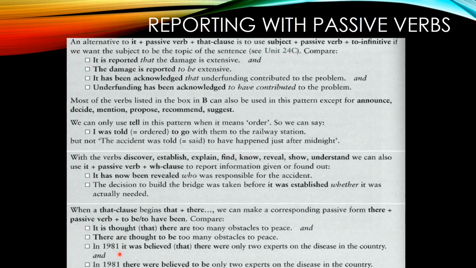Another example: in 1981, it was believed that there were only 2 experts on the disease in the country, and in 1981, there were believed to be only 2 experts on the disease in the country. So both variants are possible.